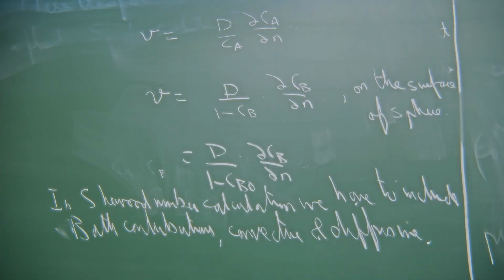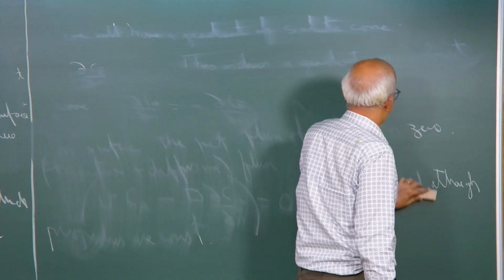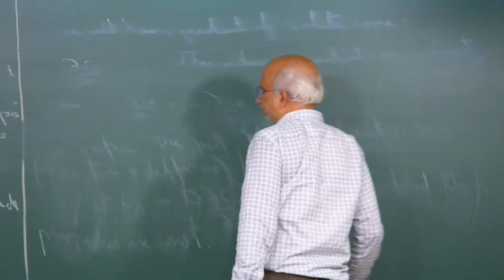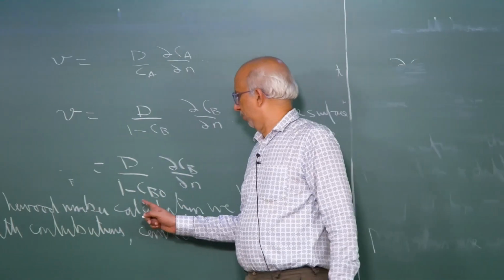And I think the important point is that this is of course always going to be positive, 1 minus Cb naught, D is positive.